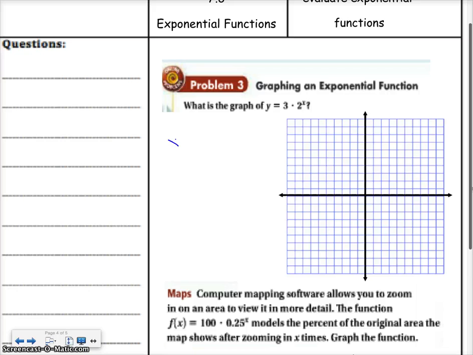Okay? So I want x and y. -2, -1, 0, 1, 2. And you're just plugging it in with your calculator. Write this down. So, the first one, 3 times 2 to the -2. I'm going to type that in. 3 times 2 to the -2 is 0.75.